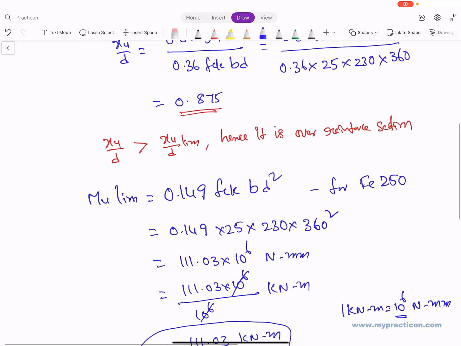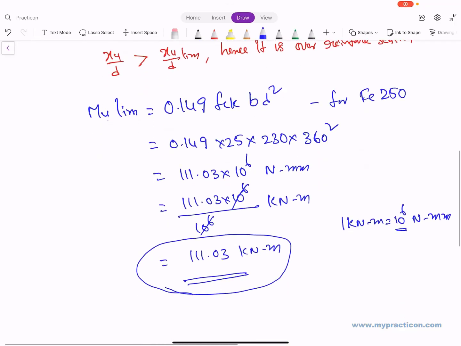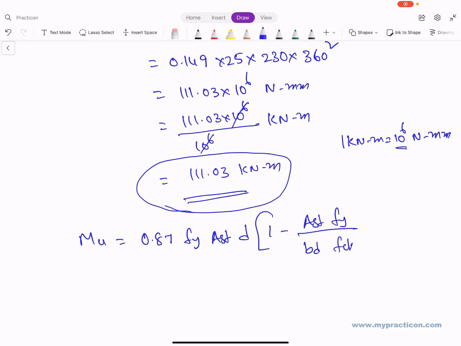However, if you take the actual steel provided and find the moment carrying capacity based on the standard equation, Mu equals 0.87 Fy AST D times 1 minus AST Fy by BD FCK.